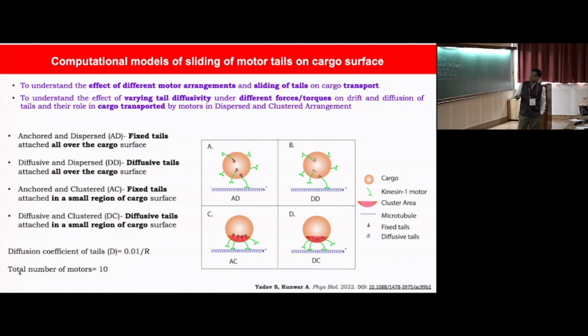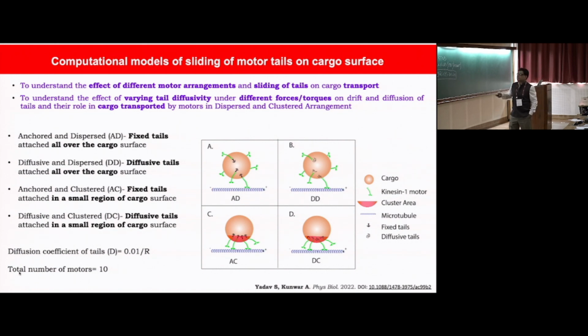So we came up with 4 different types of arrangement. One we call anchored dispersed, where motors are anchored on the cargo surface in a dispersed manner. The second one is diffusive dispersed, in which motors can diffuse on the cargo surface and are randomly distributed.